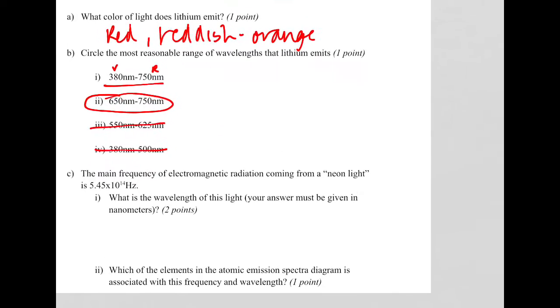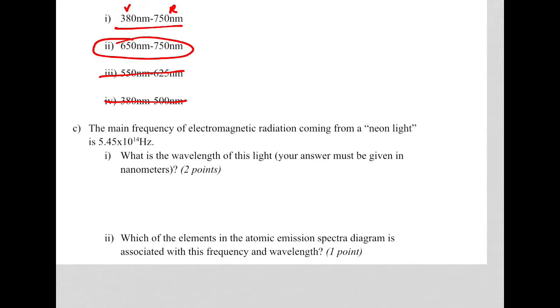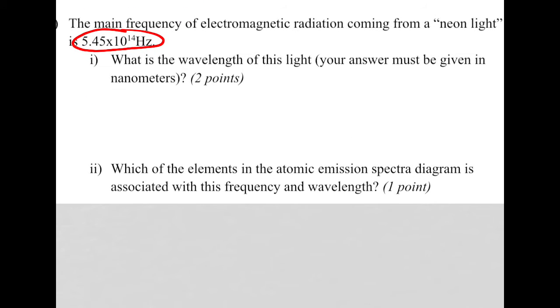All right, and then letter C says that the main frequency of electromagnetic radiation coming from a, quote, neon light is 5.45 times 10 to the 14 hertz. I wanted you to find what is the wavelength of this light, and your answer had to be given in nanometers.